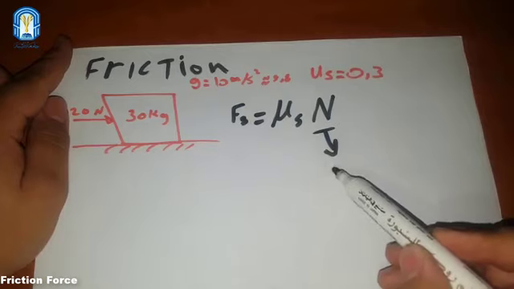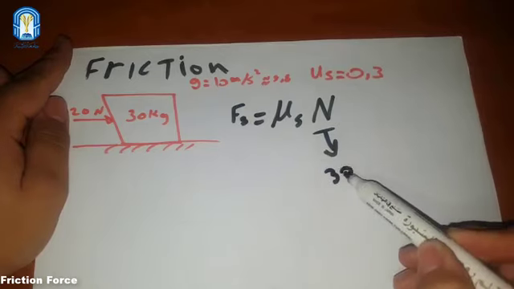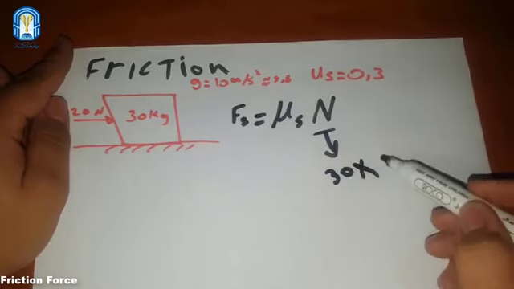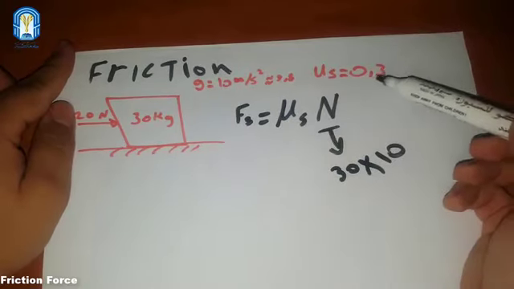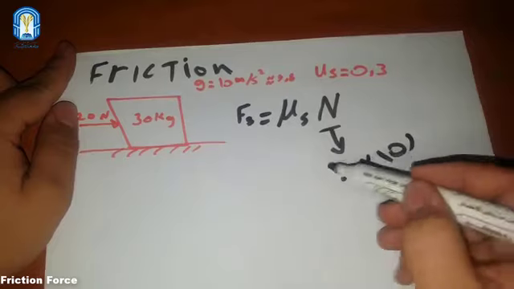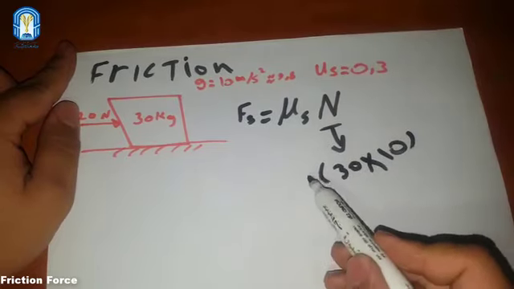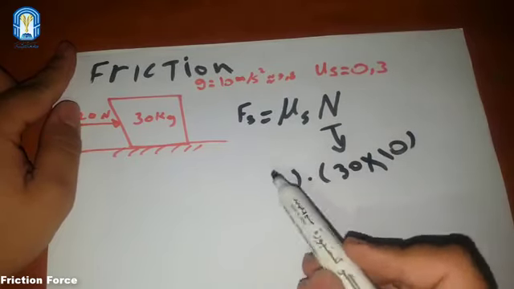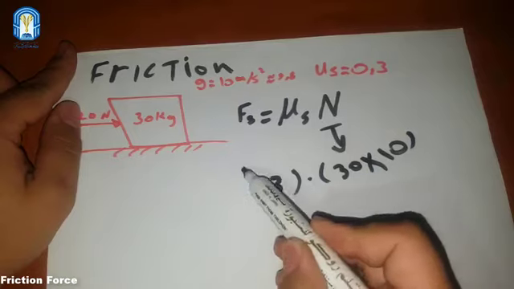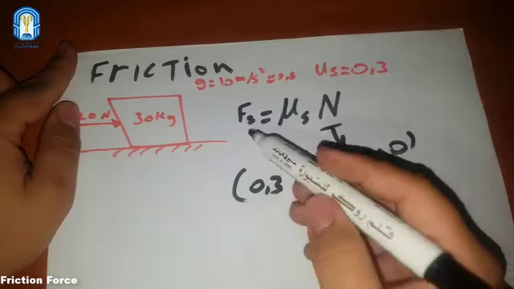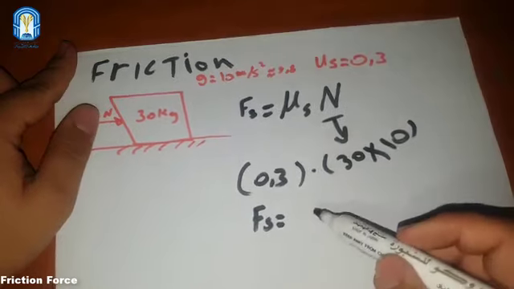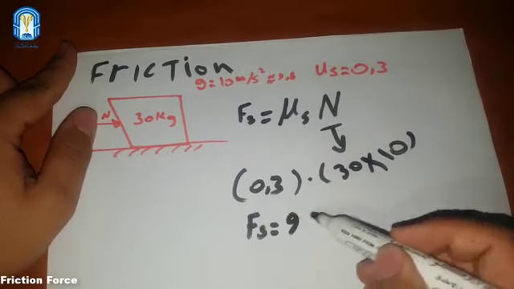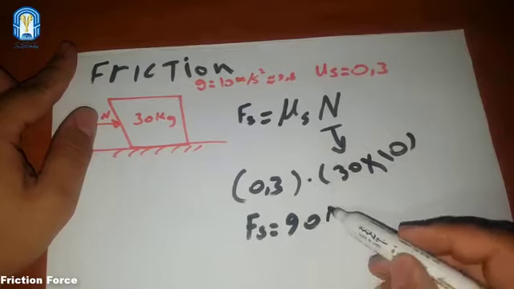So it equals 30 multiplied by 10, and the mu s we know is here, multiplied by 0.3. So the Fs is going to equal 90 Newton.